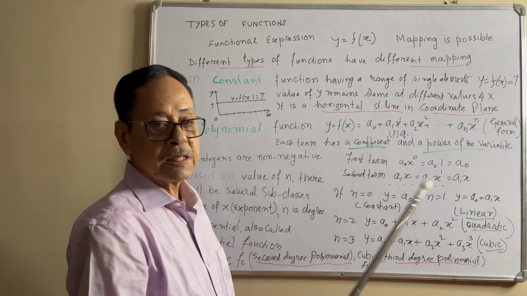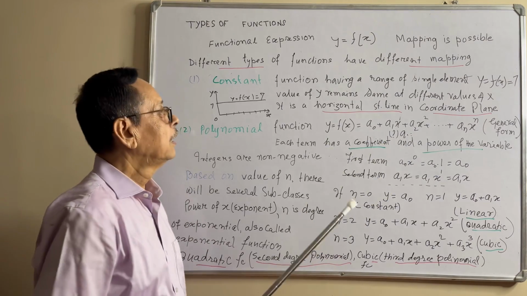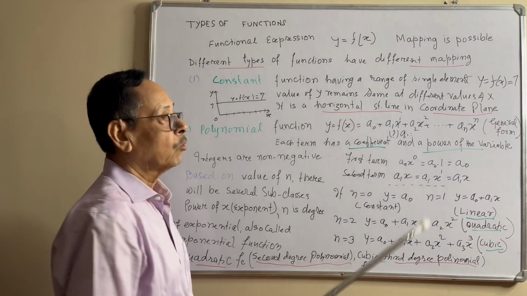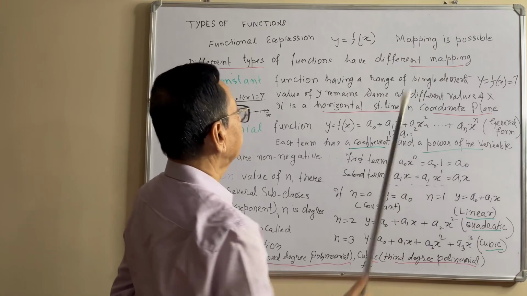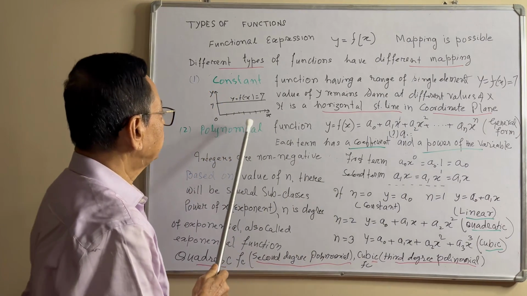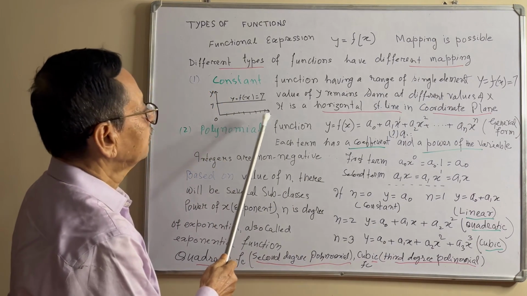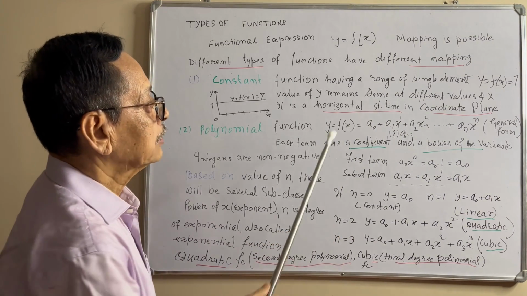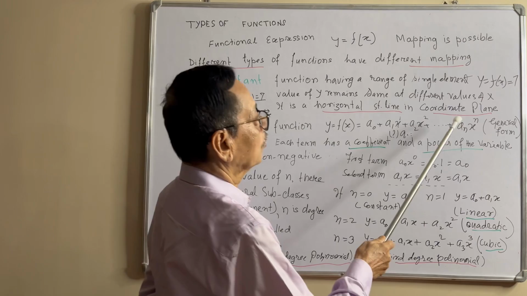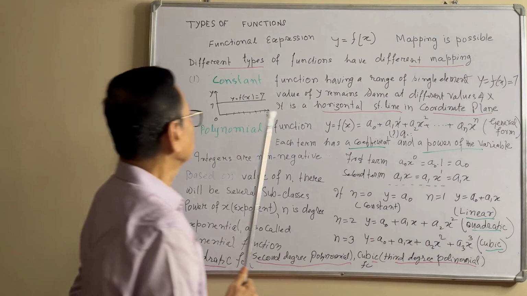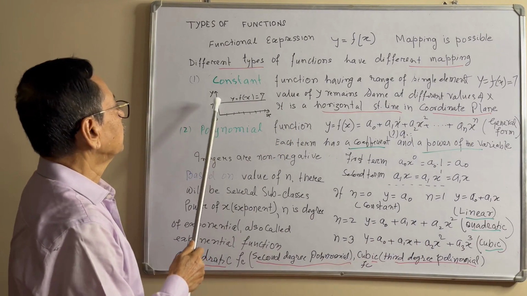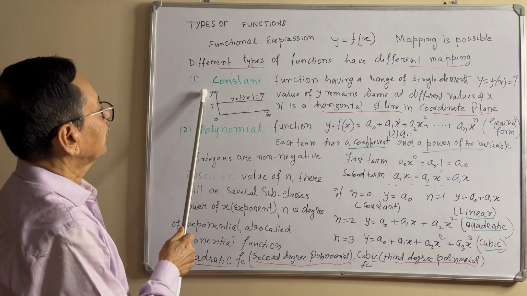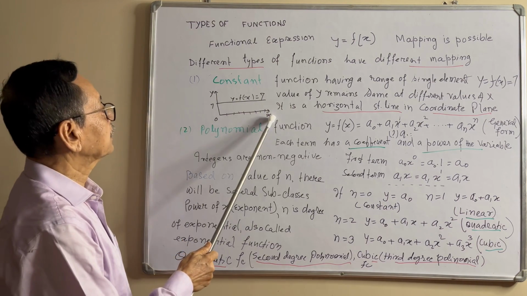If x is increasing, then y does not increase. Y will remain at 7. So graphically, it is a horizontal straight line in a coordinate plane. So this is the y axis, this is the x axis.